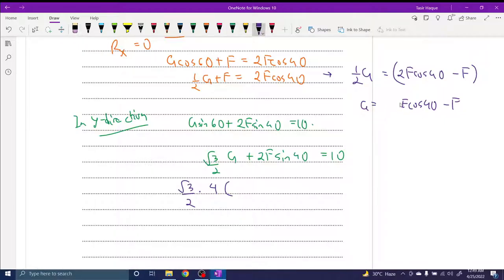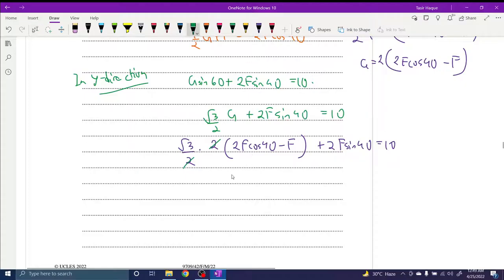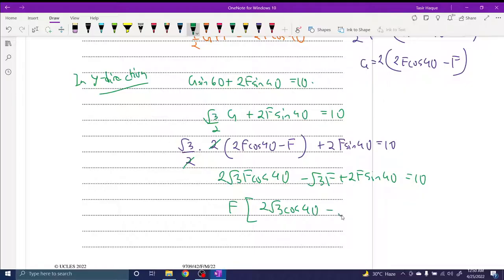Okay, I'll keep this outside. 2 times 2F cos 40 minus F plus 2F sin 40 is equal to 10. 2 root 3 F cos 40 minus root 3 F plus 2F sin 40 is equal to 10. If you take F common, what do you end up with? 2 root 3 cos 40 minus root 3 plus 2 sin 40.